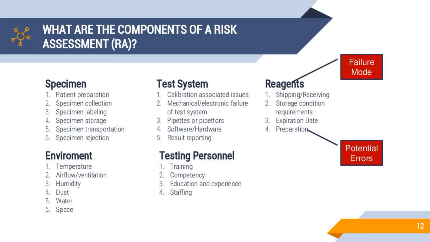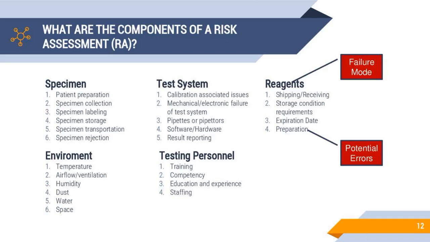Specimen, for example. The specimen is the failure mode, and what potential errors could happen to the specimen? Patient preparation, this is a source of error. Specimen collection, specimen labeling, storage, transportation, and rejection of the specimen.